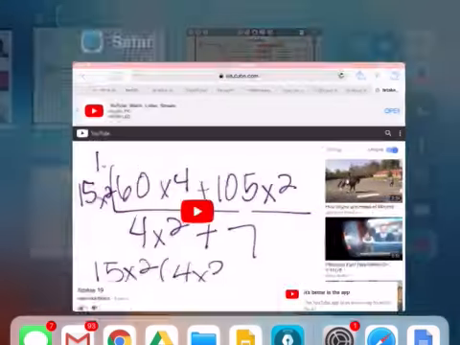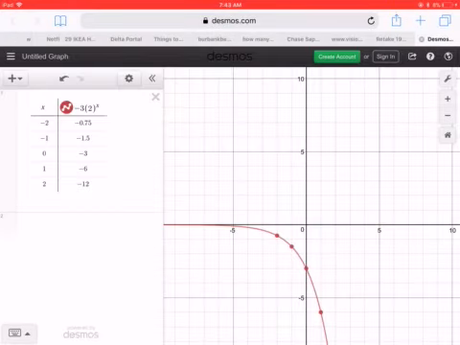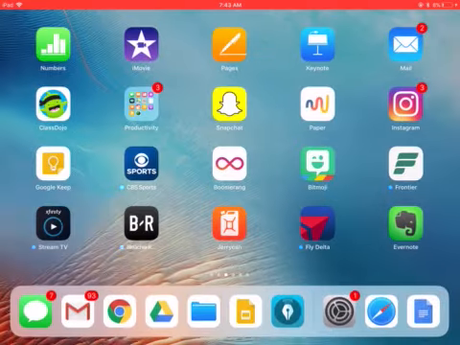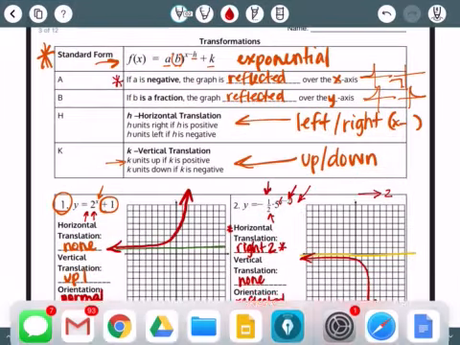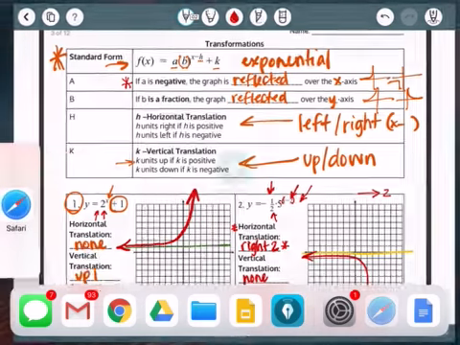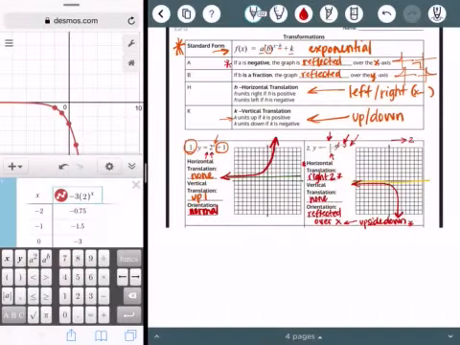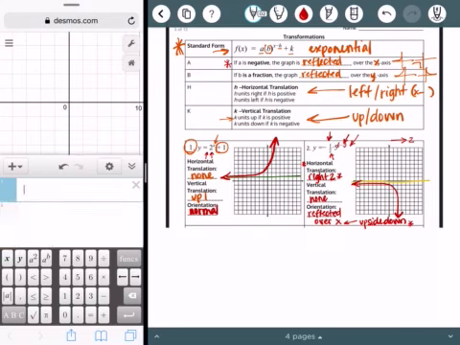Check this with Desmos. So I'll clear that out and I'll put in y equals -1/2 times 5 to the power of x minus.